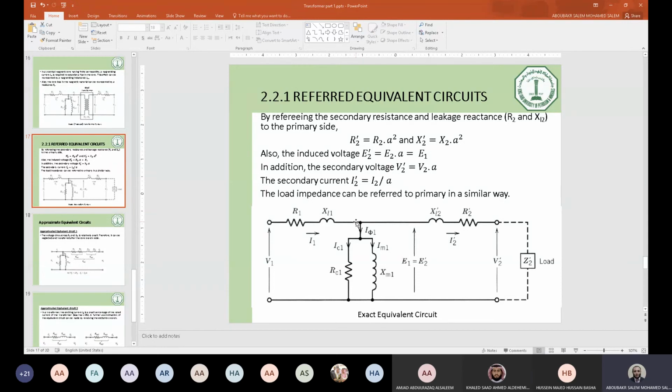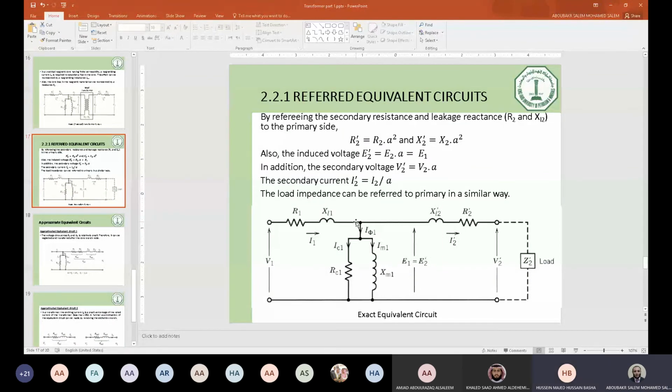Is it right? Yeah, but doctor, you assumed this assumption because they are internal resistors or internal loads. I assume the values of R1 and X1 to be small.